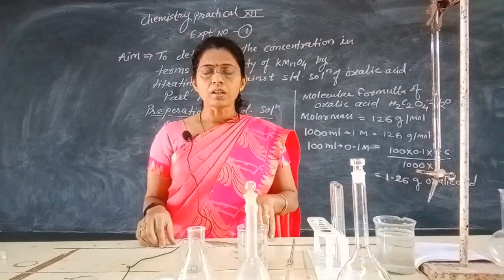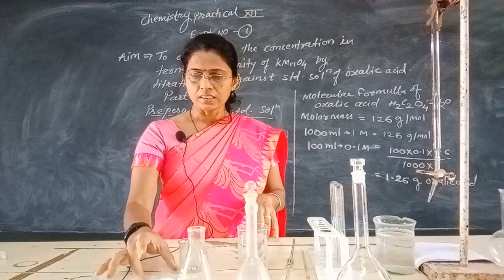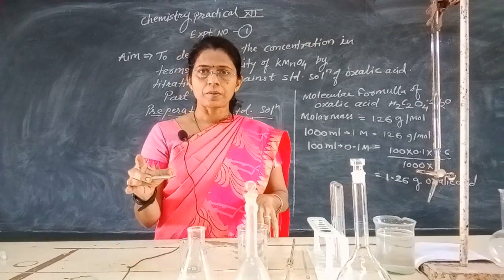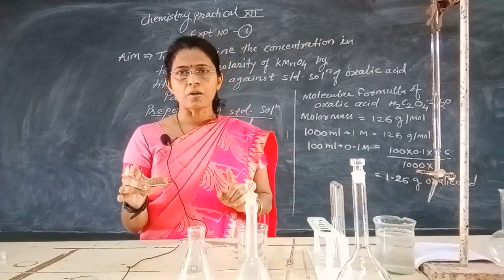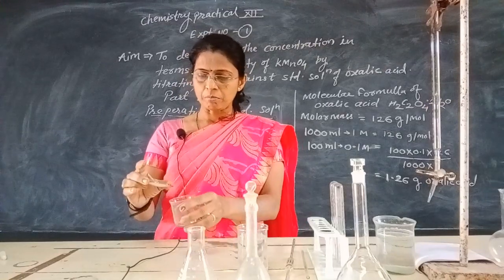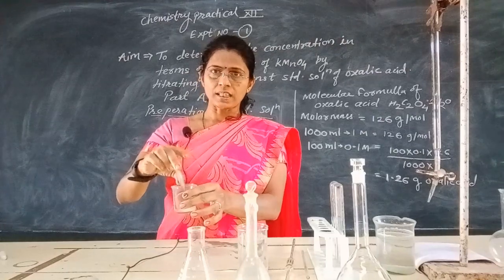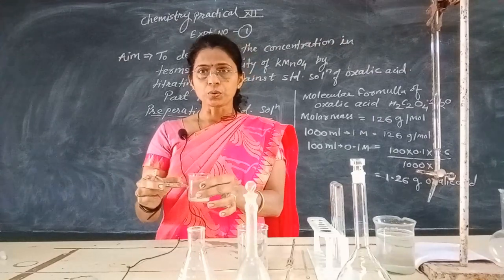So let us prepare the standard solution of oxalic acid. See, in this watch glass 1.26 gram of oxalic acid is taken. Without touching the chemical directly, transfer this oxalic acid from the watch glass to the beaker.